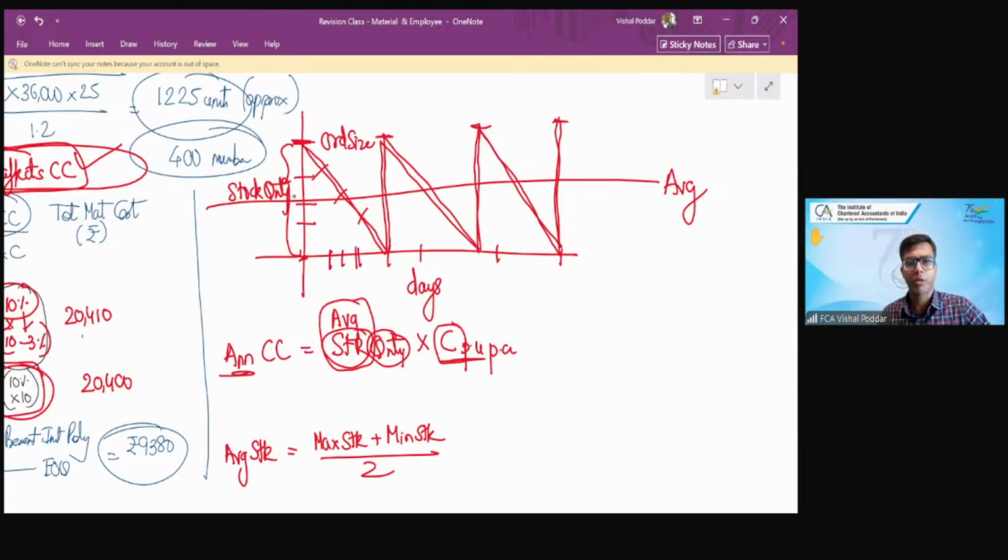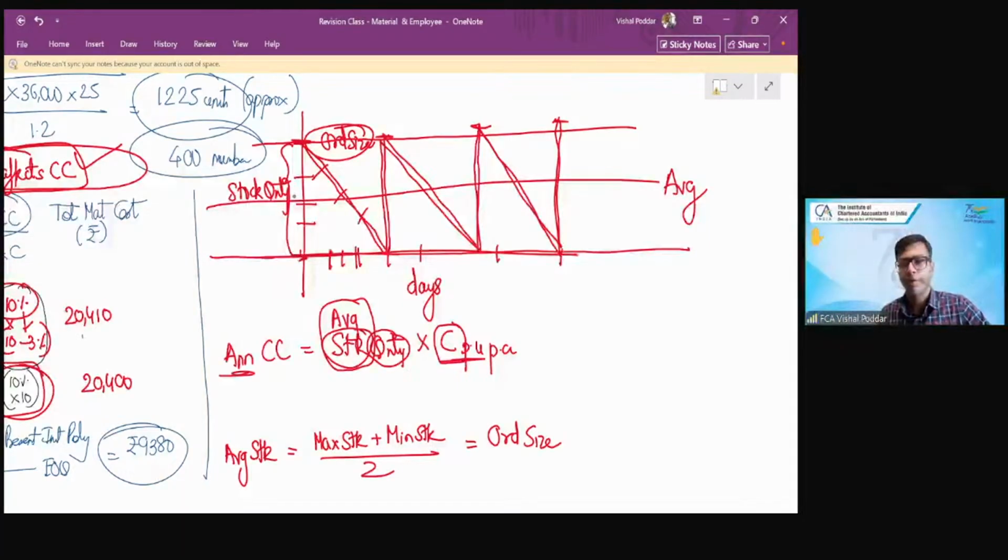What is this? Your order size. So order size is the quantity which I'm purchasing every time. What is your minimum stock, Ishan? Here, it is 0. So let me write 0 upon 2.